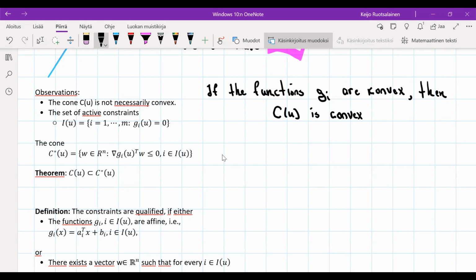The scalar product is also non-positive because you can split them into two parts which are both non-positive, and the sum of two non-positive numbers is non-positive as well. So this cone is always convex.